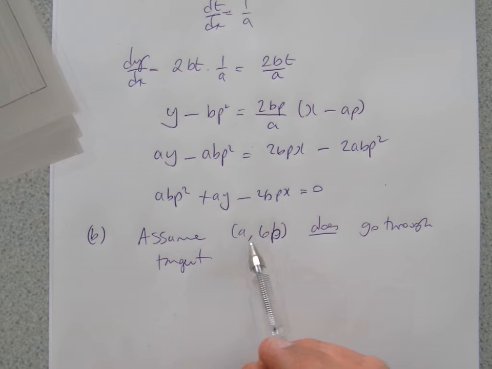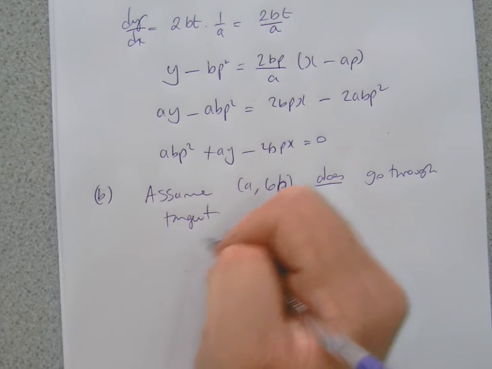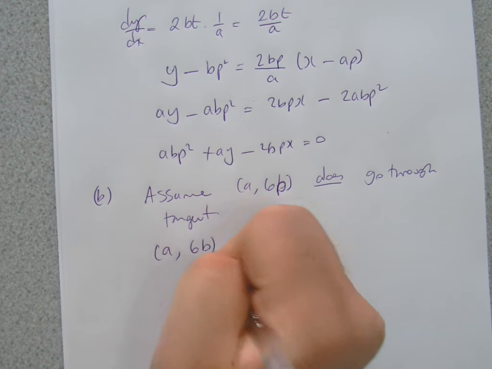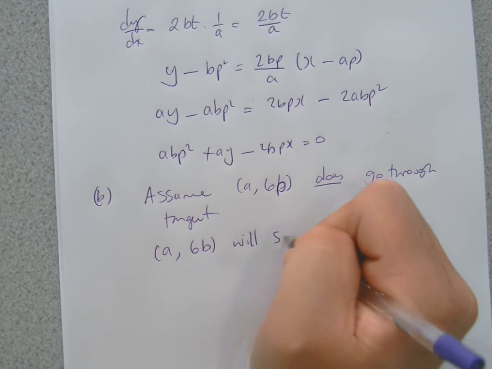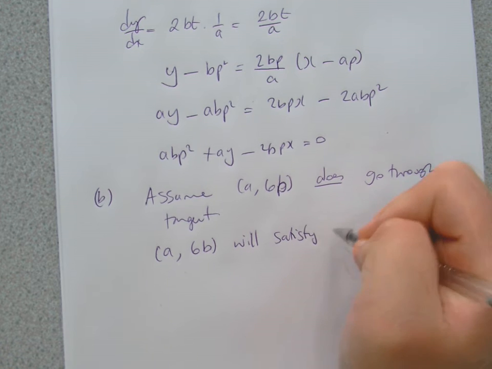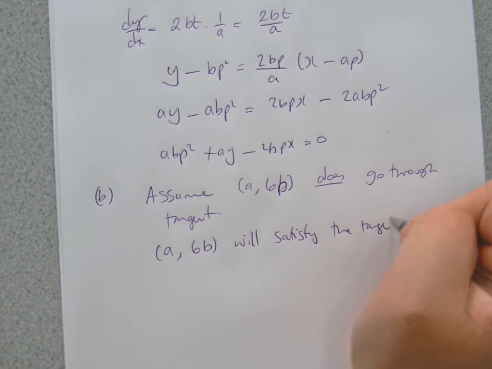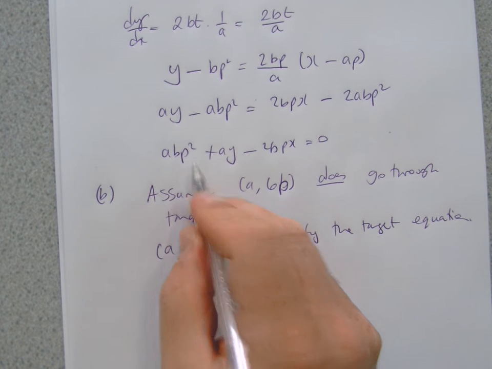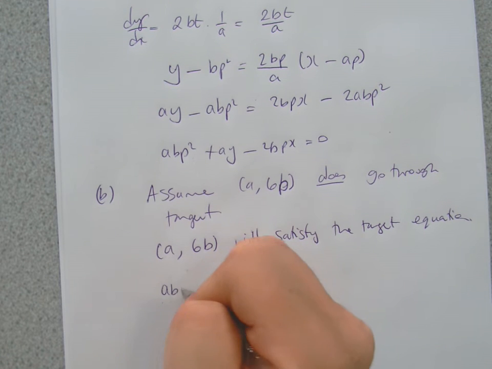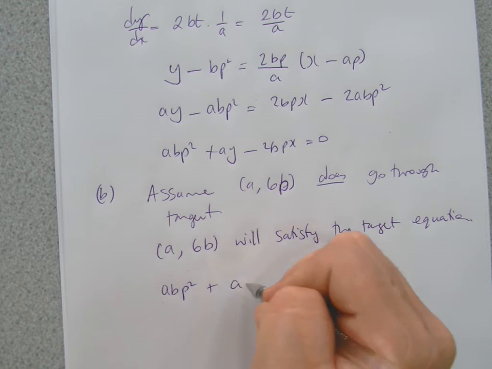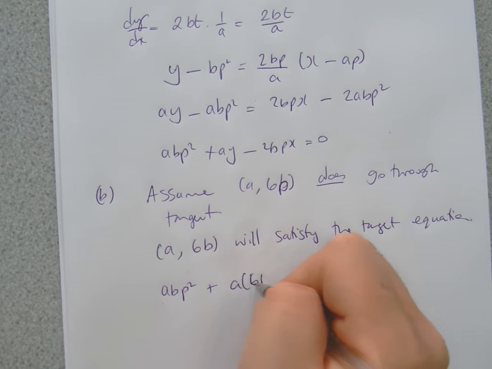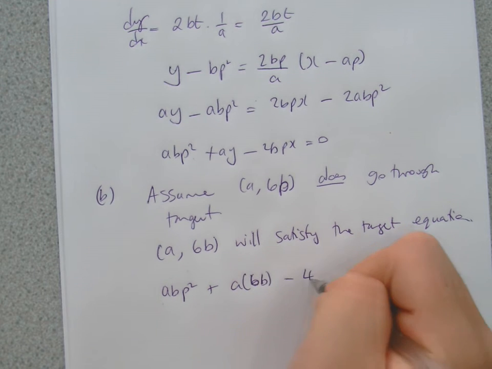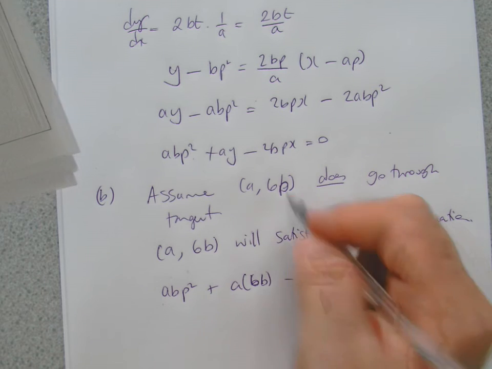So if this is the case, a, 6b will satisfy the tangent equation. So we just sub it in. Okay, so you've got abp squared plus ay, y is 6b, minus 4, no, sorry, that's 2, isn't it?